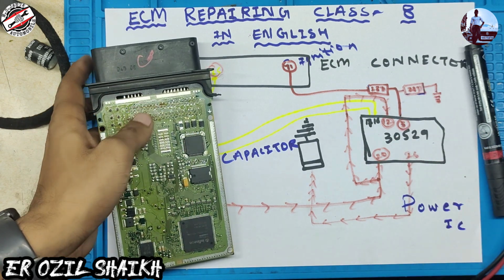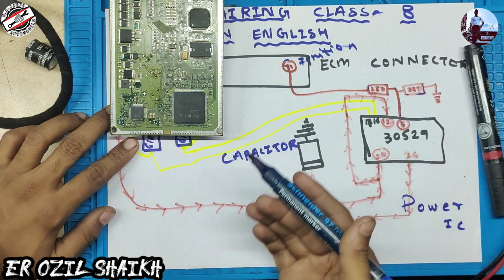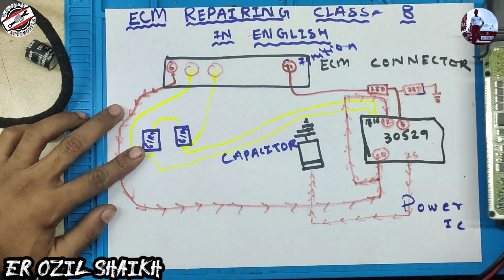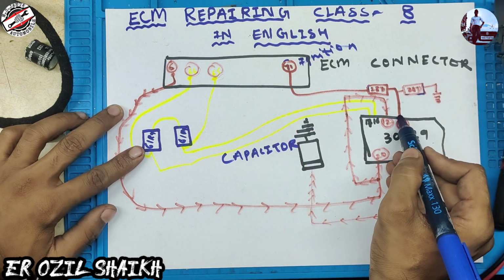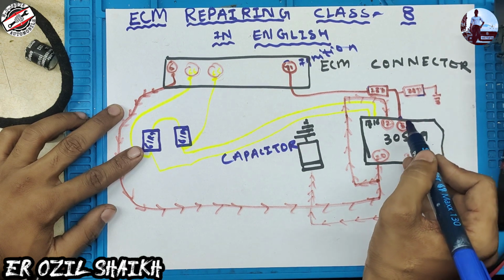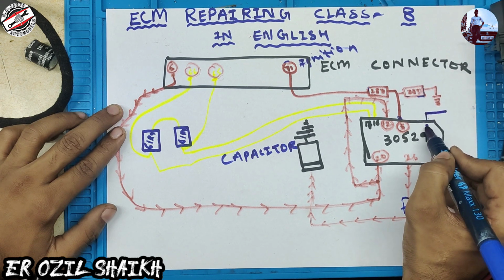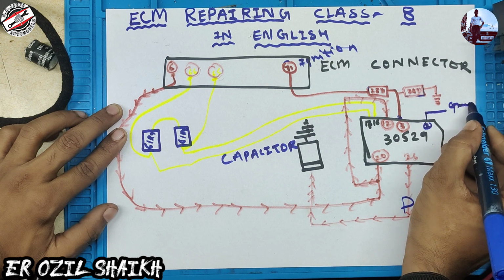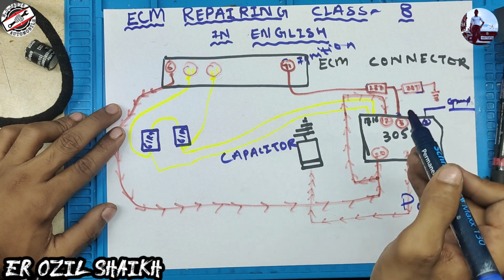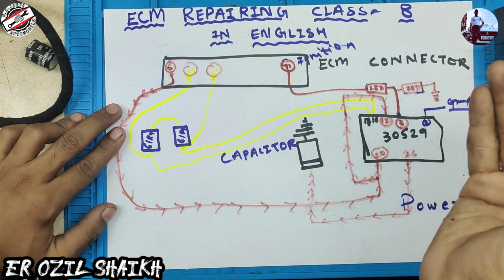Every ECM has the same procedure and same system to produce and create power. When we turn on the ignition, 12 volts come here, and when this IC pin number 5 gets 12 volts, at that time pin number 2 outputs ground for the main relay.